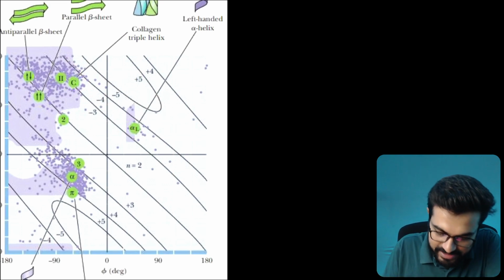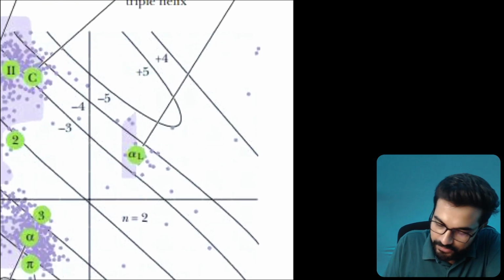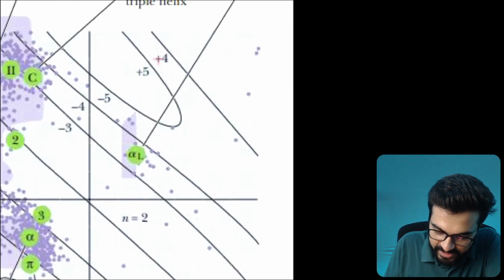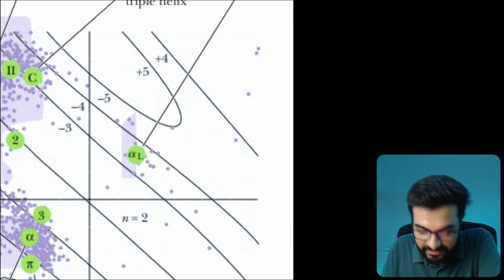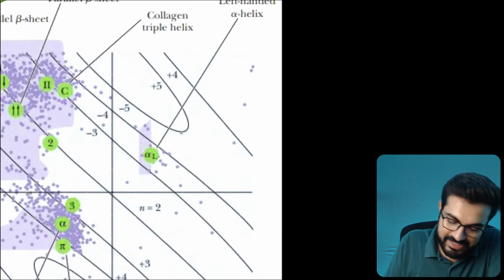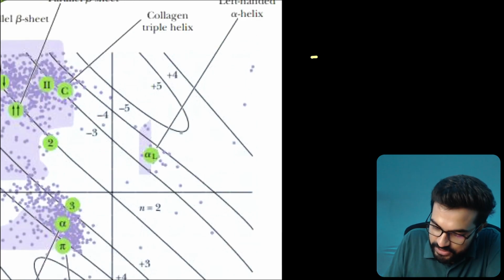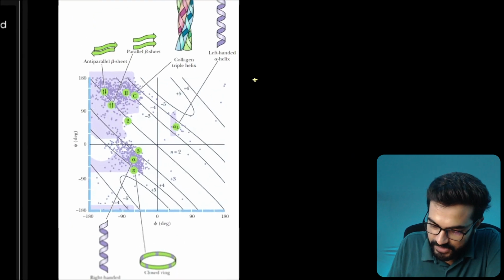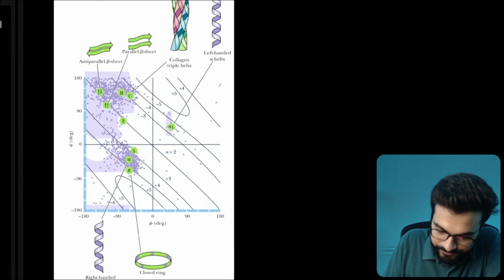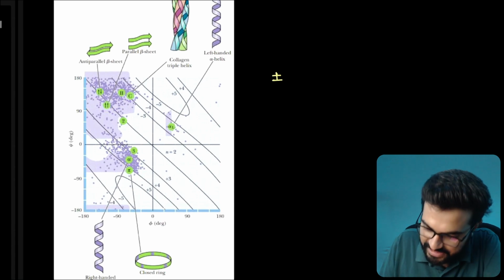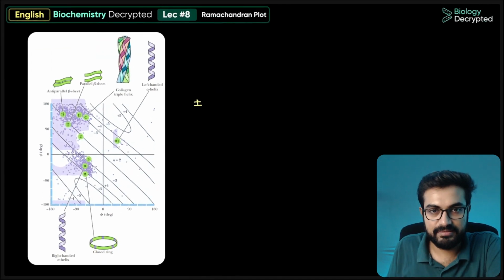And for example, if you have this positive sign and this negative sign, what does this signify? Well, this plus or minus signifies the handedness.